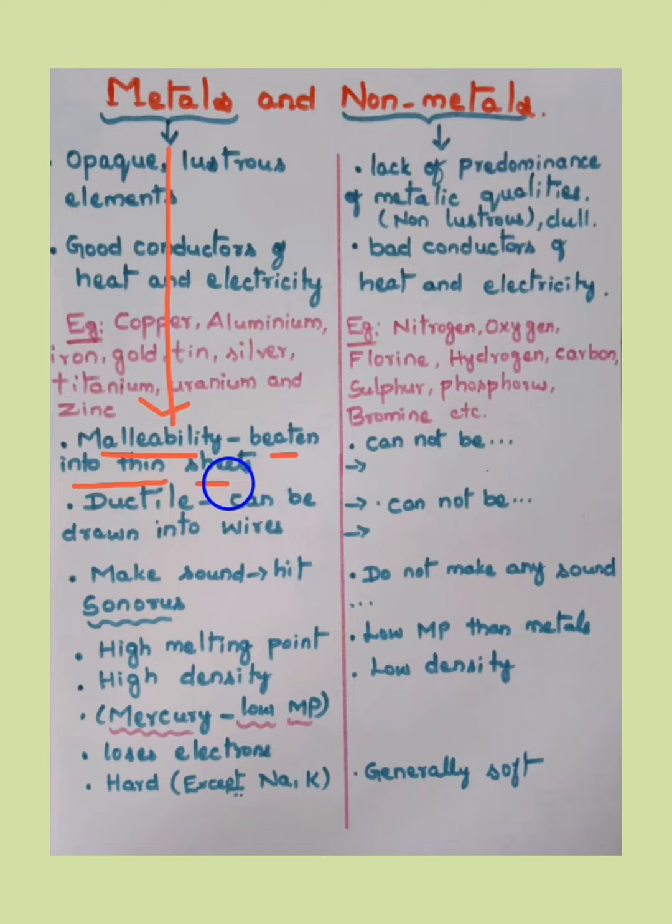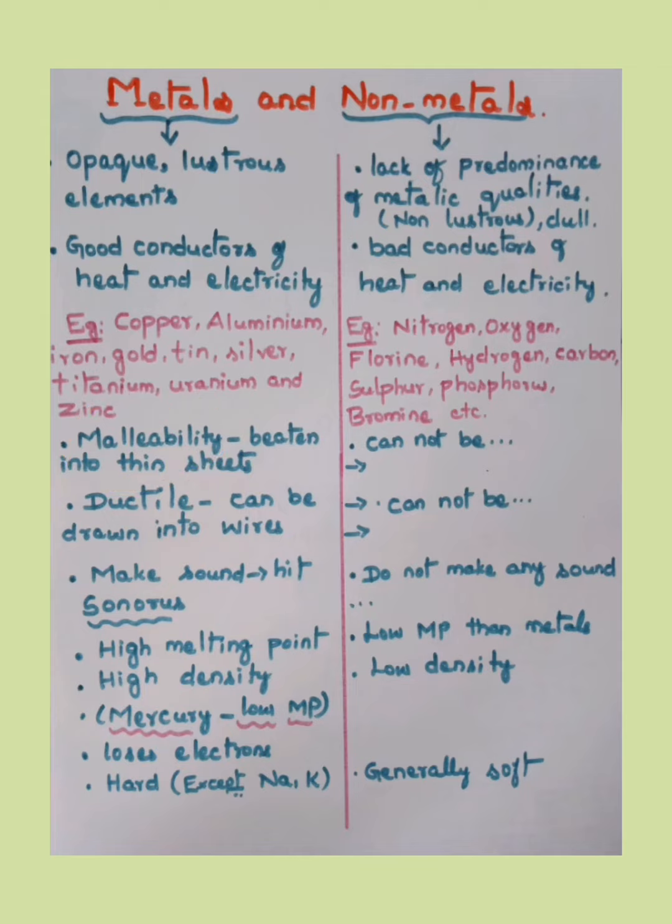Even aluminium is used as thin sheets. Some food and sweets are packed with aluminium foils, so metals can be beaten into thin sheets. Whereas non-metals cannot be beaten into thin sheets. They do not possess the property of malleability. Remember this keyword, malleability.